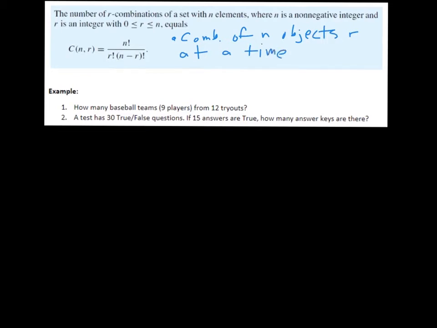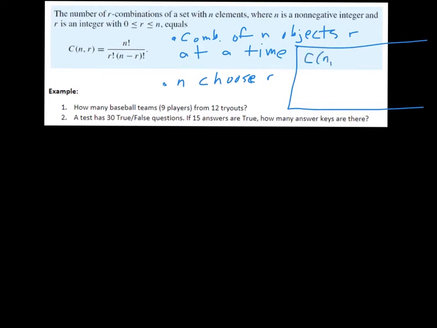But more frequently, this is just read as n choose r. N choose r. And this is what you may see if you look at other books or other websites. You may see it just read as n choose r. And actually, while I'm thinking about it, let me go ahead and show you some other notation in case you do look at some outside resources.